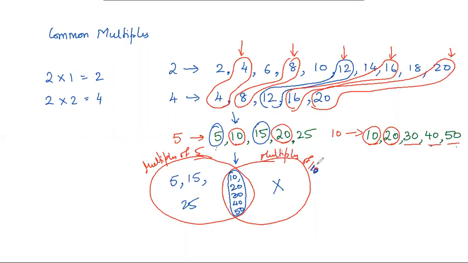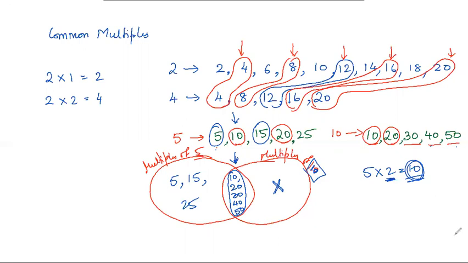Yes, multiples of 10 are also multiples of 5. Why is that so? Because 10 itself is a multiple of 5. Correct? 5 2 times, how much is it? 10. So when 10 is a multiple of 5, every 2 times when it is repeated, you will get the 10 table repeatedly coming up. Correct? That is why we have no numbers in this individual space. Rather, in the common space, we have all the multiples of 10. Clear?